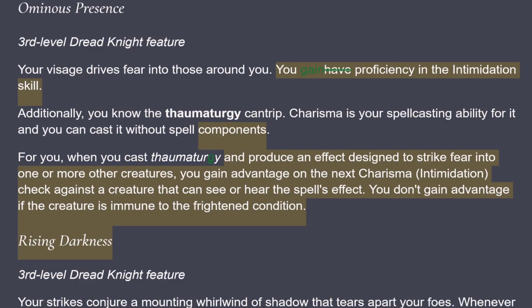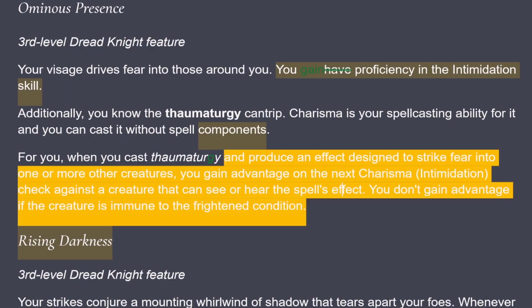It's just aura. And then because this was designed during 5e, they go on to say that when you cast Thaumaturgy, you can do an effect that drives more fear and get advantage on your next Charisma Intimidation check. You don't have to say that anymore because 5.5e's Thaumaturgy already includes this advantage via the Booming Voice option.